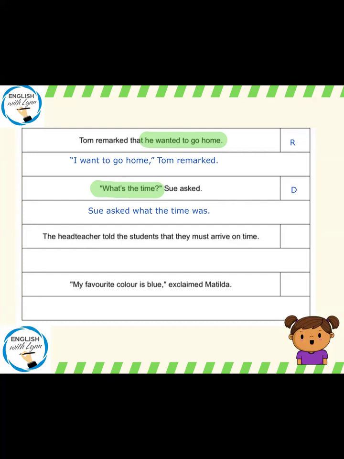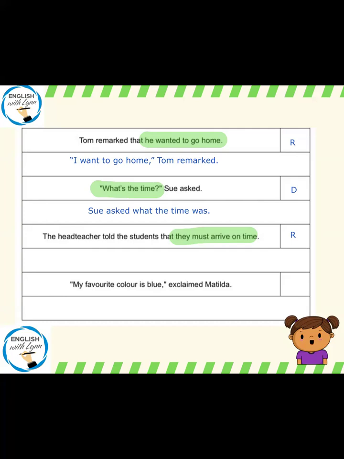So the head teacher told the students they must arrive on time. There's no inverted commas. That must be reported speech. And what is the head teacher reported to have said? They must arrive on time. So I need to think about how I'm going to change the pronoun, because he wouldn't say they must arrive on time.